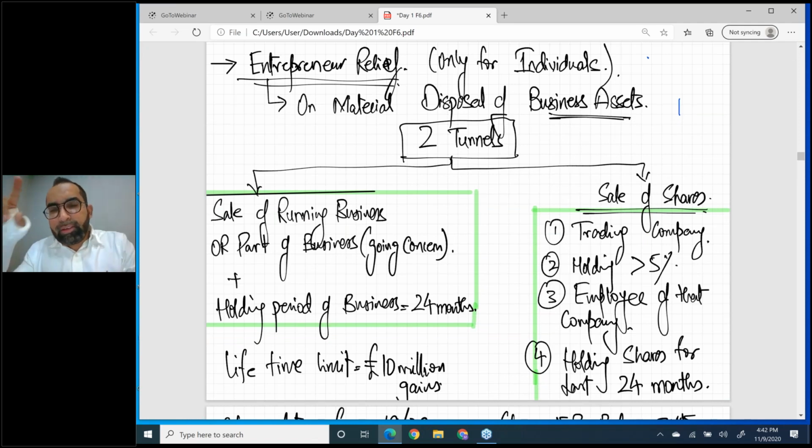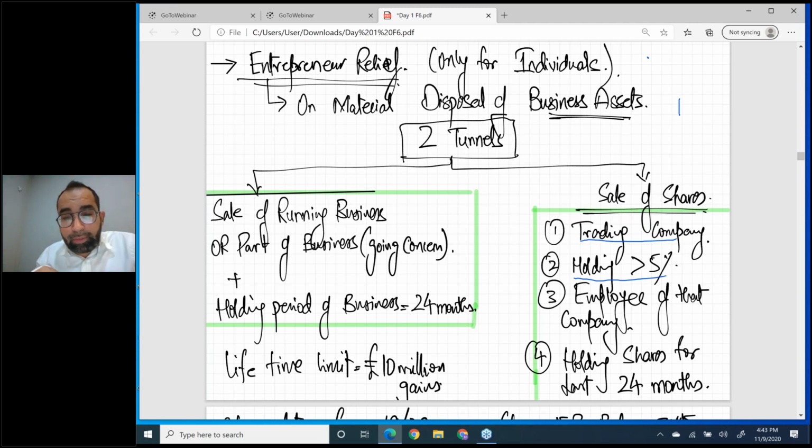What are the conditions for shares disposal to qualify for entrepreneur relief? Number one, the shares must be of a trading company. The company whose shares you are selling must be a trading company, the first condition. Number two, your holding percentage must be greater than 5%.